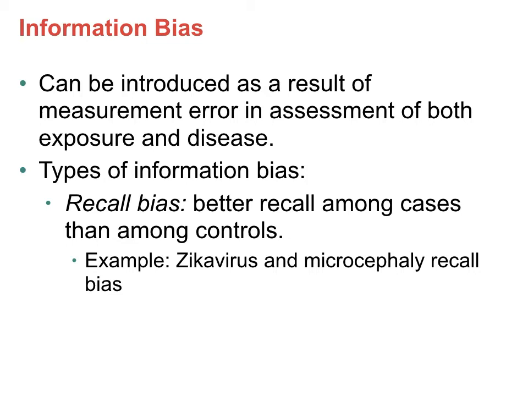One type of information bias that could be introduced in studying Zika is that women who gave birth to children with microcephaly, if you ask them how many times they got bitten by a mosquito during pregnancy, are likely to try to recall that information, because they are a case and have a child with this condition. A woman in the same region who did not have a child with microcephaly probably wasn't thinking about mosquito bites if you asked her.